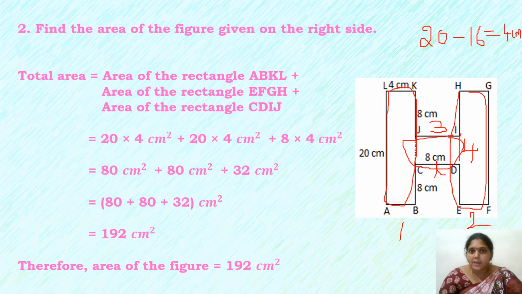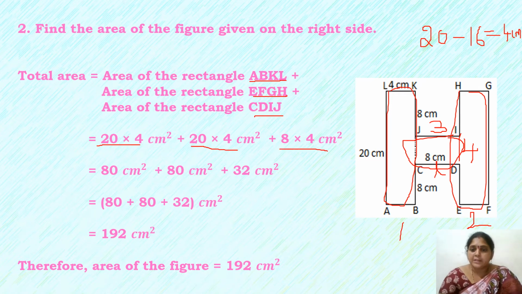Now, area of the rectangle ABKL, area of the rectangle EFGH and area of the rectangle CDIJ, we have to find. So, how to find? We have to multiply length into breadth. Our length is 20 centimeters and breadth is 4 centimeters for two rectangles, and for the third one it is 8 into 4.